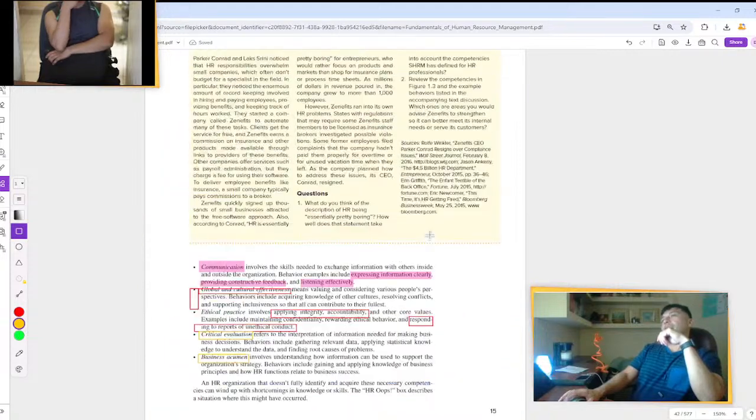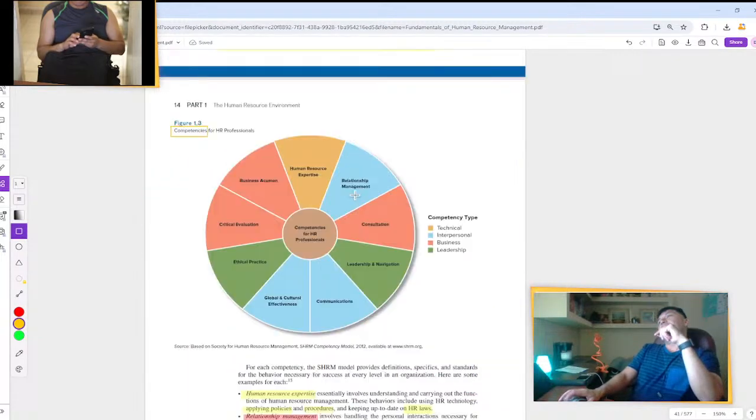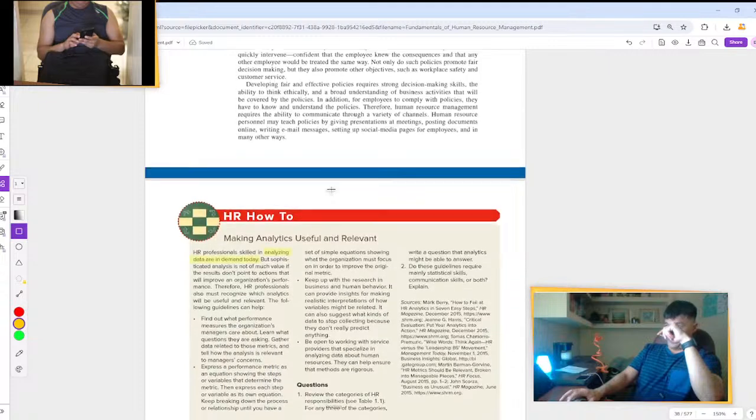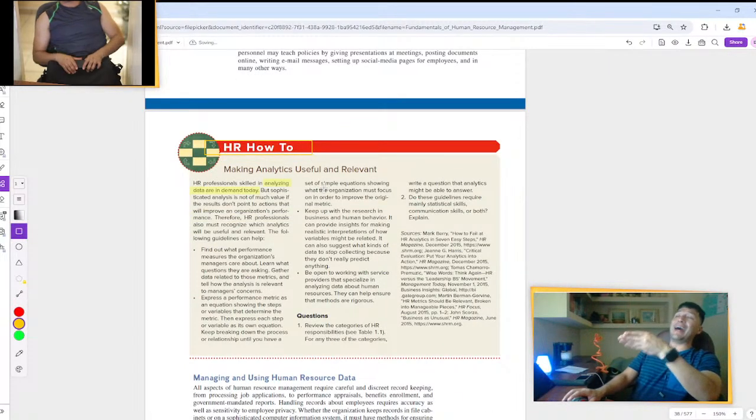And then we have another one right here called Human Resources. Remember we said it's not just the paperwork? And then we have this little one right here, the how-to.